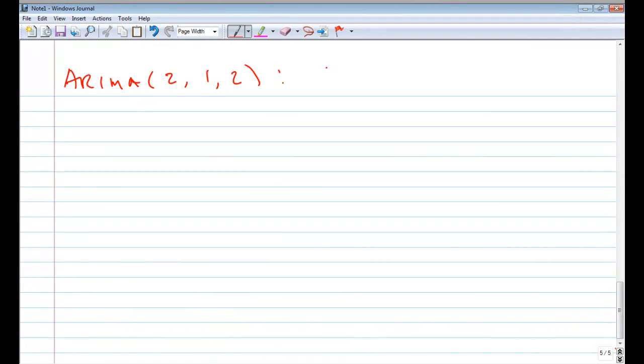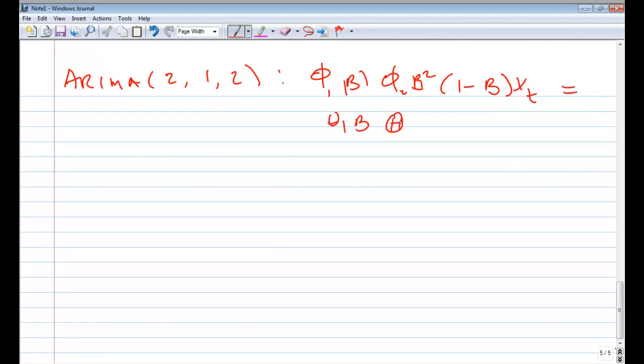So you're going to have phi of B, (1 minus phi 1 B minus phi 2 B squared), then (1 minus B) times xt, which is equal to theta of B, (1 plus theta 1 B plus theta 2 B squared), then zt. Now this, I said, is the same as 1 minus phi 1 B minus phi 2 B squared.